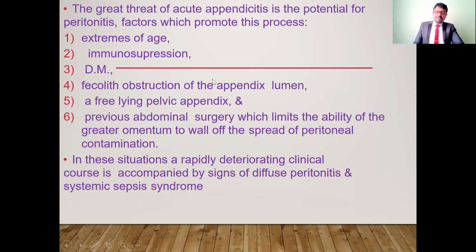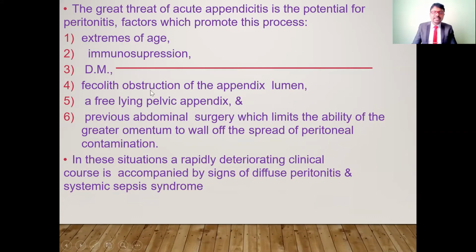Also, any history of previous abdominal surgeries limits the ability of the greater omentum to wall off the spread and peritoneal contamination. So a previous history of surgical procedures may also give peritonitis. In these situations there is a rapidly deteriorating clinical course.